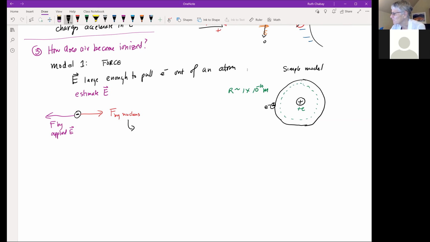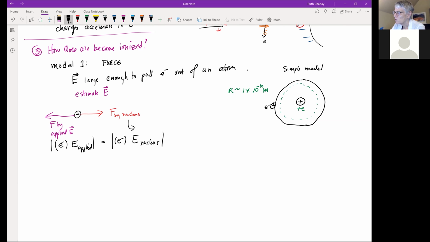So let's calculate the force in electric fields. The electric field due to the nucleus. The charge on an electron times the applied field has to be equal to the force on the electron from the field of the nucleus, and we'll just worry about magnitudes here.